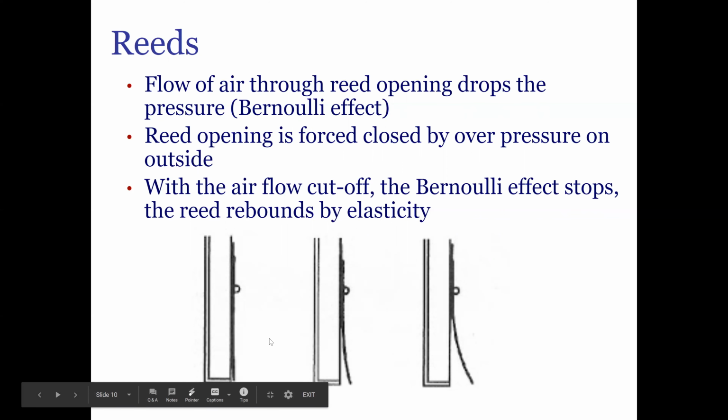But when you blow on the mouthpiece, this can force it open, and that momentary time where it's forced open by that pressure will allow air to come in to this gap here. So you apply pressure, it opens the reed, and this allows air in.